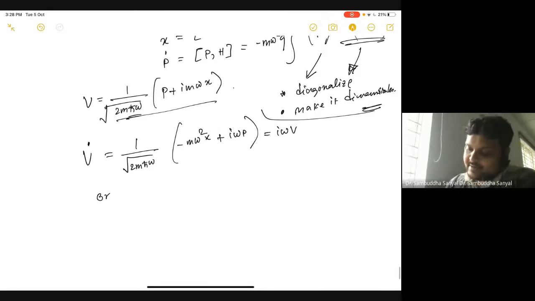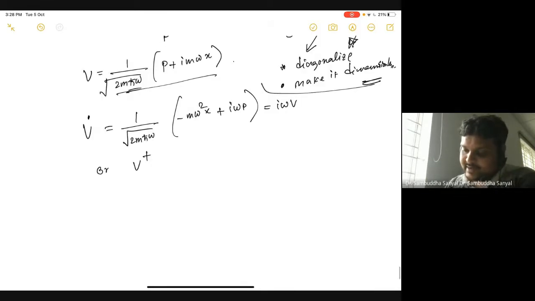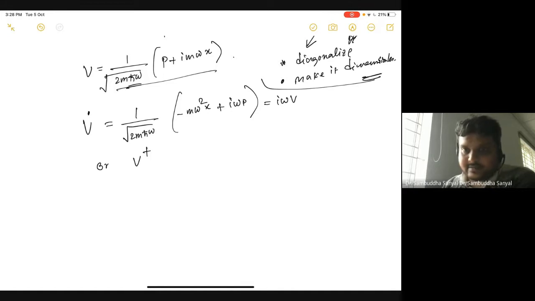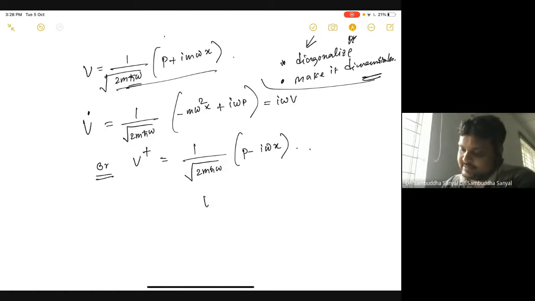Alternatively, I can define a quantity called b dagger, which is the square root of 2m h cut omega times p minus i m omega x. So that means b dagger must satisfy this equation, with minus i omega.